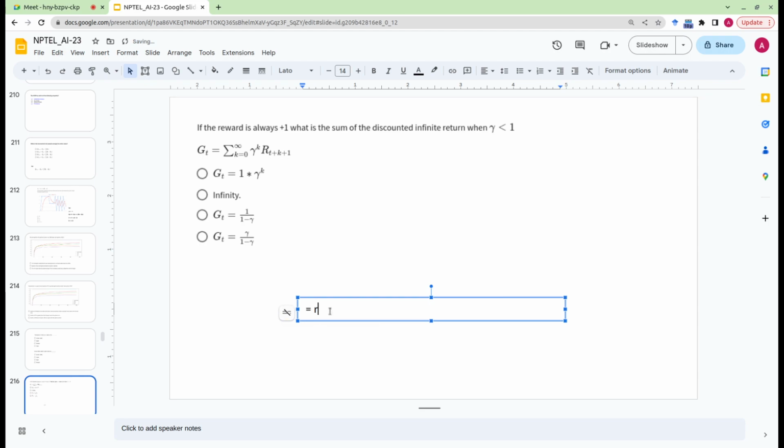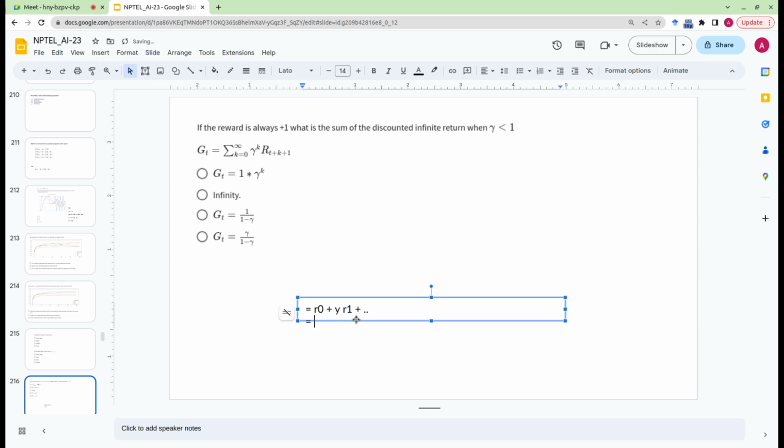R0, which is 1, plus gamma into R1 plus dot dot dot. So you are saying R0 is 1, fine. Is it always 1? Oh, it is saying R0, R1 is always 1. So it would be 1 plus gamma.